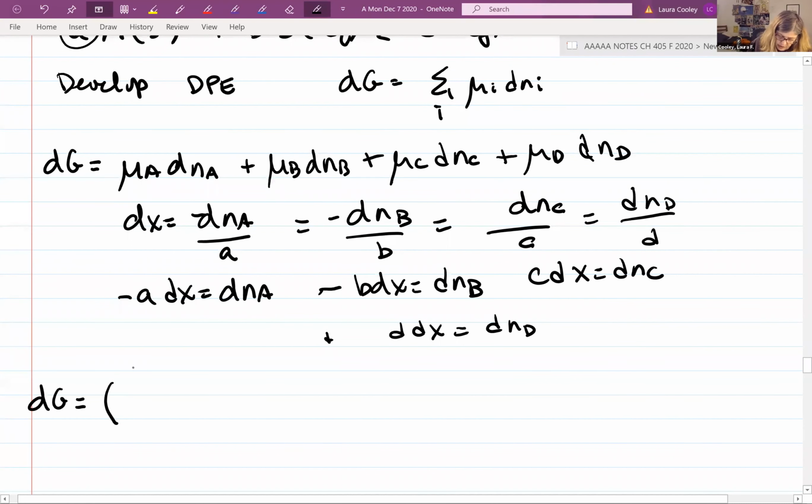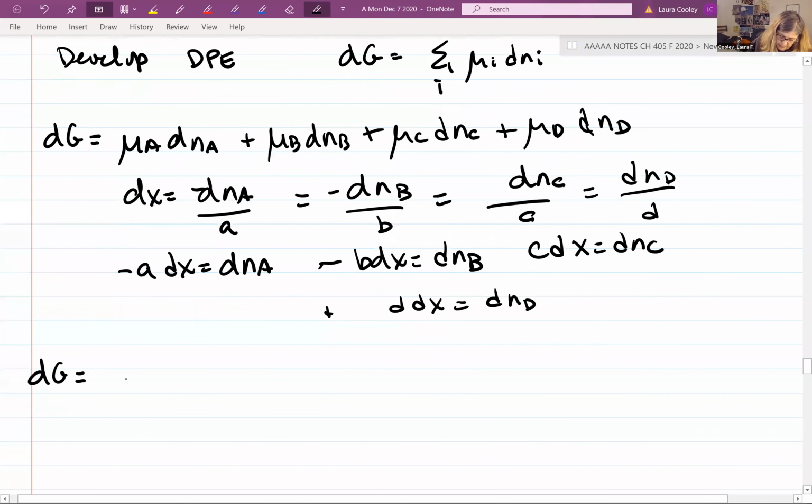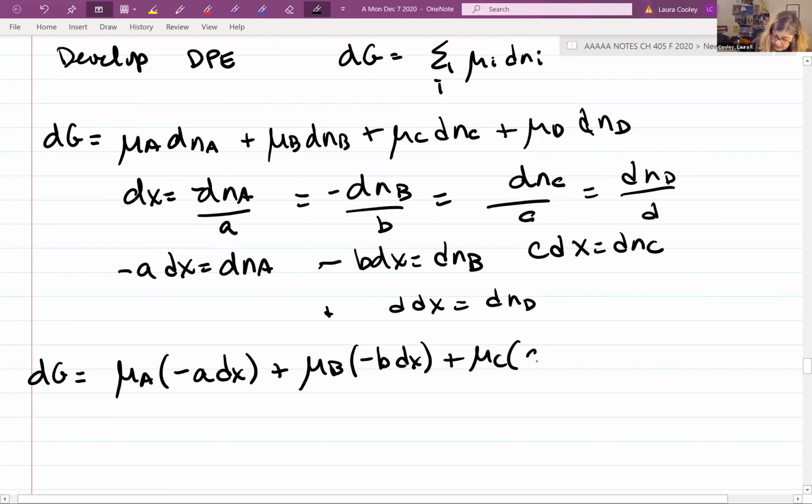So then this is mu A minus A dx plus mu B minus B dx plus mu C, C dx, because it's a product now. And then dividing through by the dx, we get our derivative.